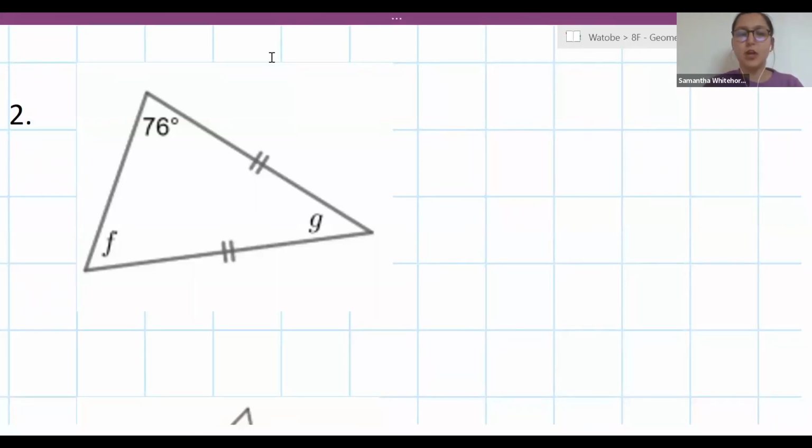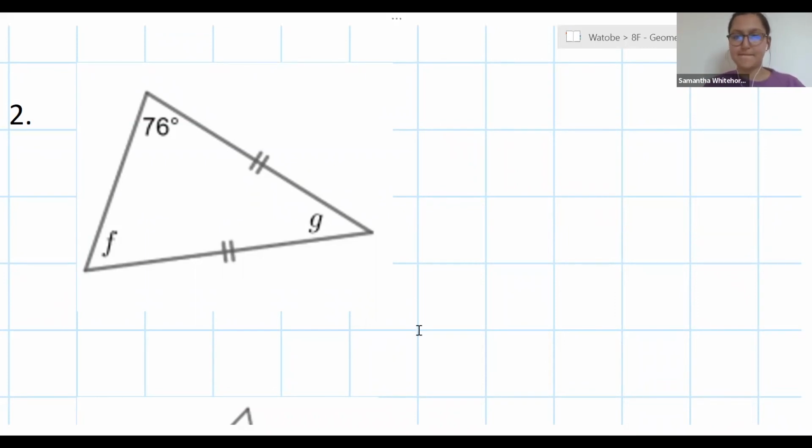Remember all your reasons. Look out for things like triangles, and for things like where the sides are equal to each other. Oh, I'm already seeing hands.